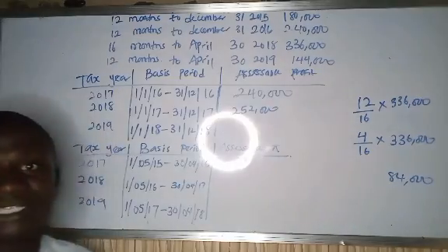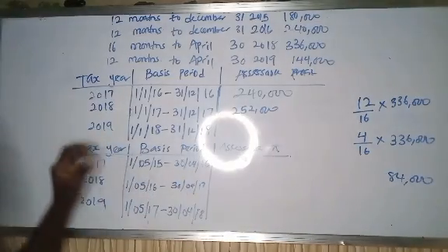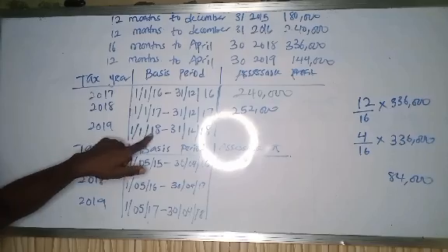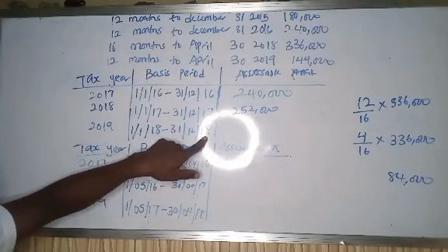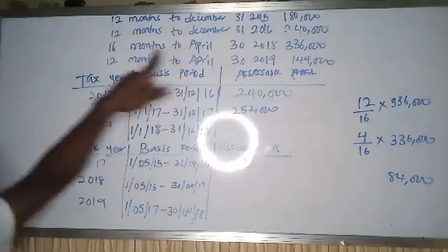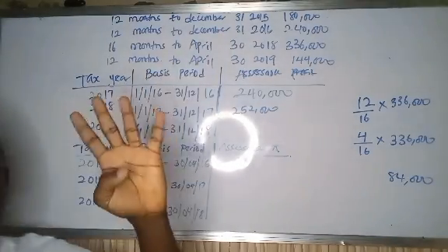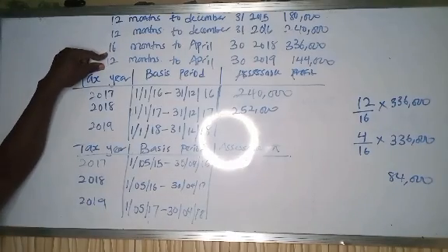84,000. But I cannot write the 84,000 because it is not the full profit for this one. This is 1st of January 2018 to December. I only removed 1st of January to April because it ended April. I've removed 4 months. Then I need to remove the remaining 8 months from this period.